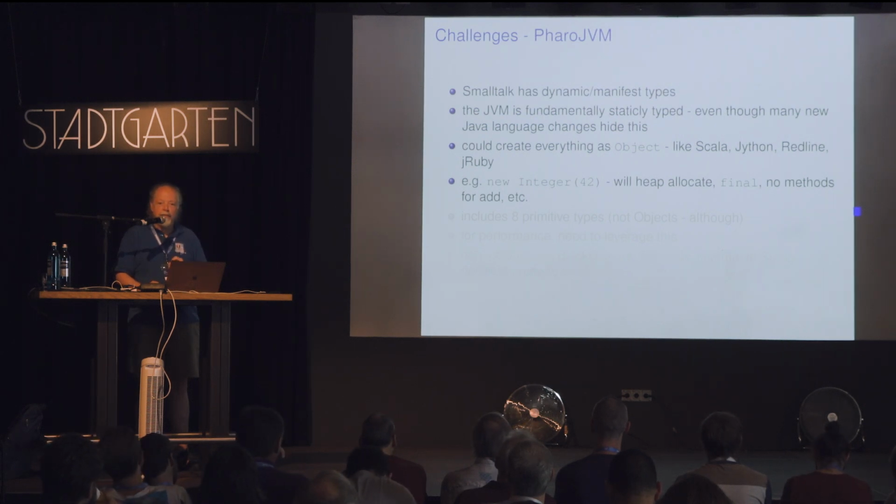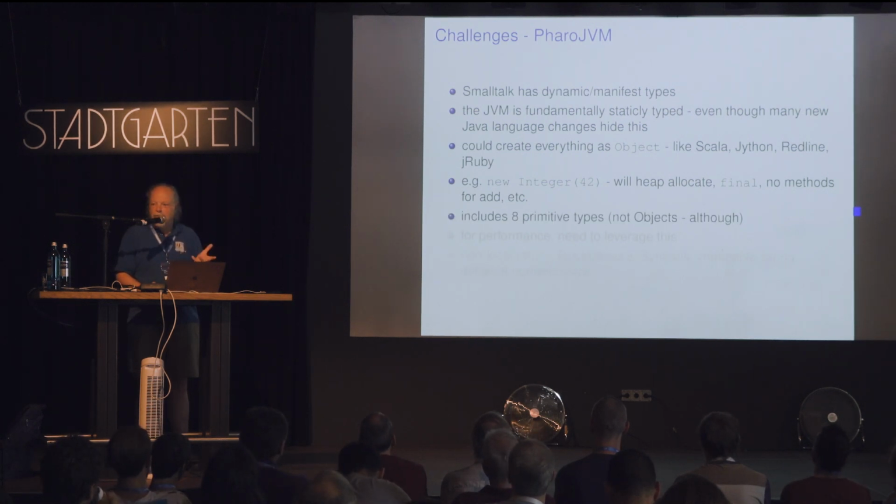There's also no methods for add and so on. So even though it's an object, it doesn't act like an object like we would think of a numeric object. There are 8 primitive types, and to actually get any reasonable performance out of the JVM, you have to leverage these types. You have to use real Booleans, not capital B Boolean.